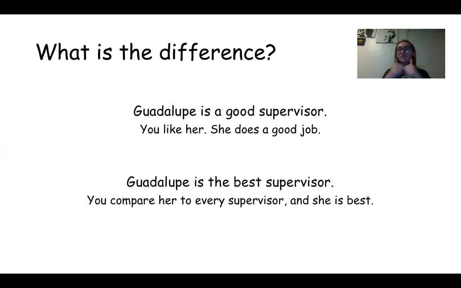So she's not just good, right? You like her and she does a good job. You think that she is more good, that she's a better supervisor than all of the other supervisors in the hospital. So that's what it means when you say, oh, they are the best. Or, instead of saying, oh, they're a good supervisor, you could say, she is the best supervisor.